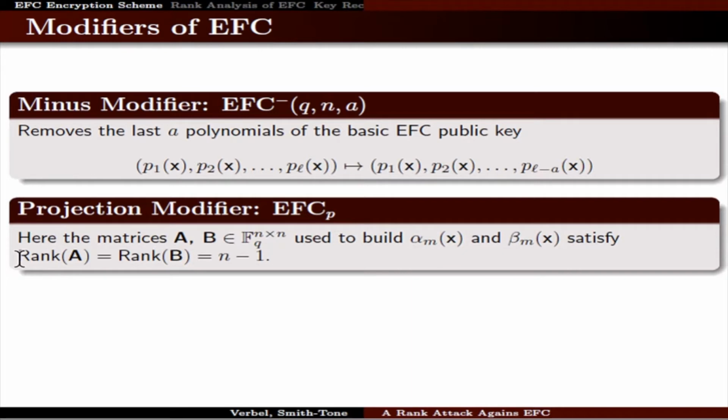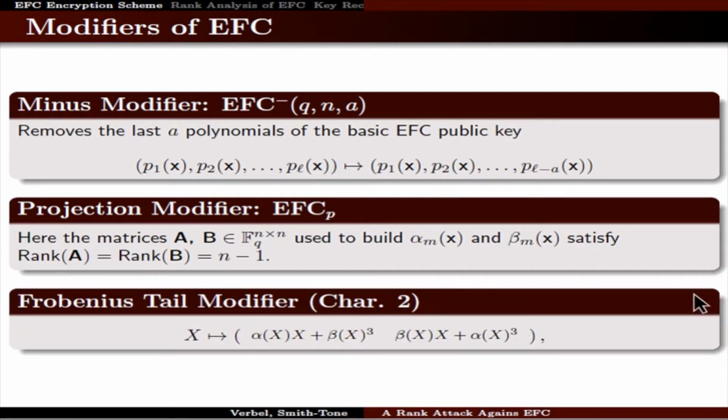What it is looking for is that the matrices A and B have rank n minus 1. And one last modifier, which is called the Frobenius tail modifier, that you can apply over characteristic 3 or over characteristic 2. In this case, over characteristic 2, you just replace your central map by this equation. This is a map that goes from the big field to the big field, and this is the Frobenius tail modifier.